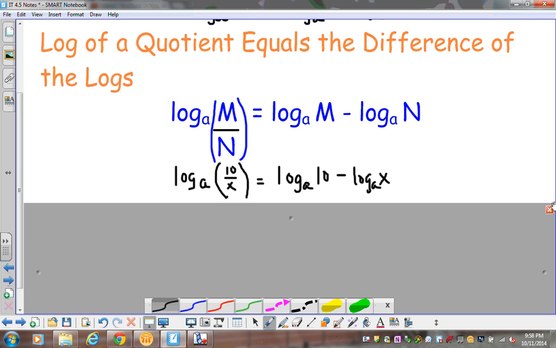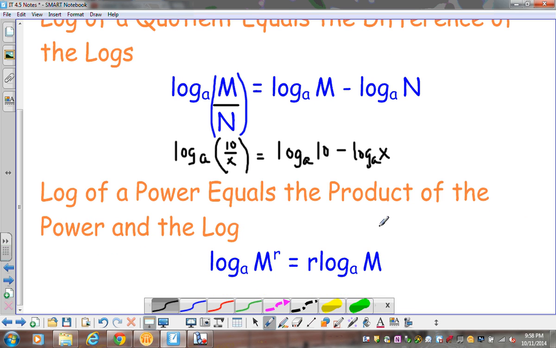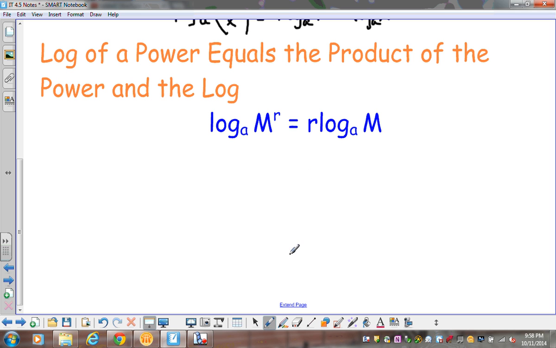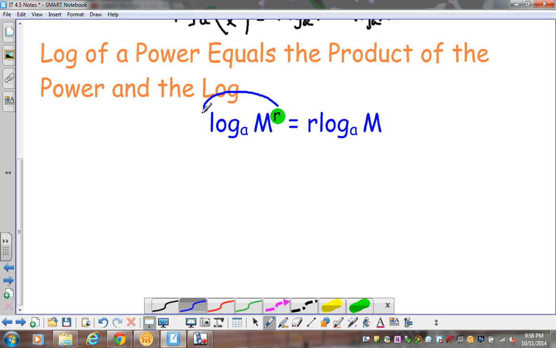And the last part we're going to look at is log of a power equals the product of the power and the log. All that means is you're going to take whatever your exponent is, and when you expand it, that exponent moves to the front of your logarithm. So notice, after I've expanded it, instead of being up here, now it's down in front.